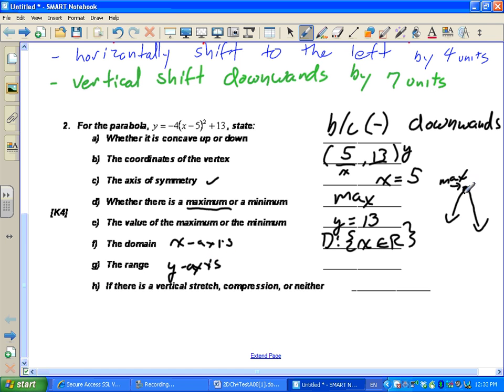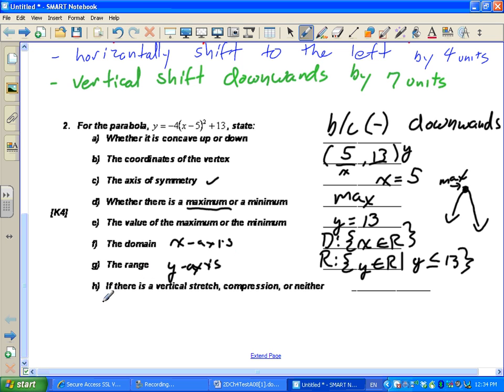Now, because this has a maximum, but then goes the other direction forever, the range is R. Now, technically, it touches every point, and then we state a restriction. Because it is below 13, we say y is every real number when it is less than or equal to 13. Maybe that could be a bonus. Why not? You don't have to know what the bonus is.